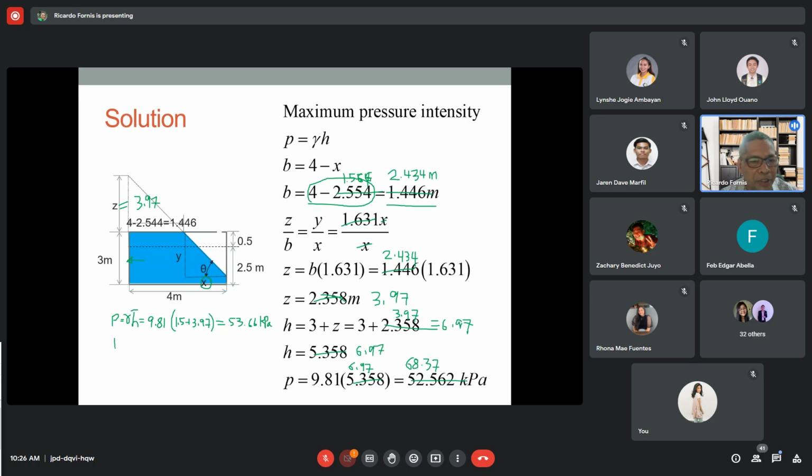So the force developed is now equal to 53.66 multiplied by the area, which becomes 3 times 2, so multiply that by 6. The answer is now 321.96.